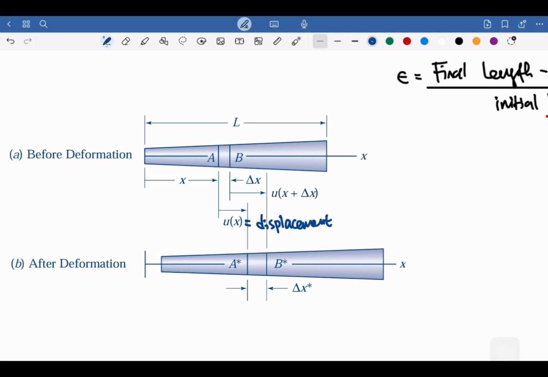Our goal within these topics, by taking the strain relations, is to determine what the formulation will be for this ux, the displacement.